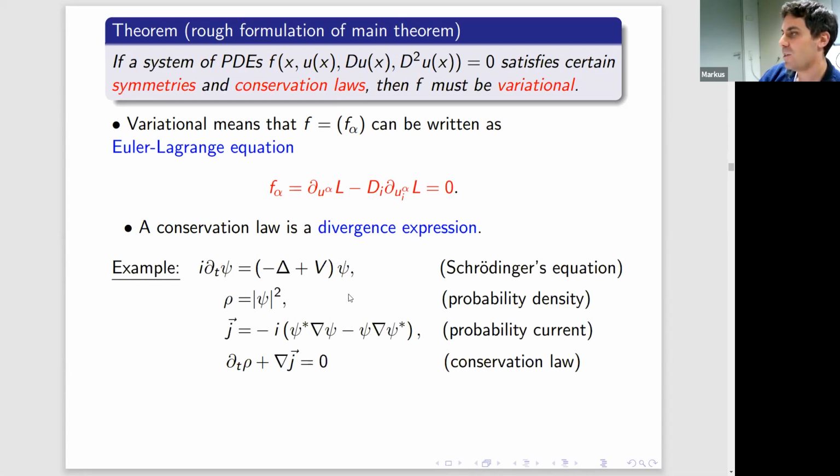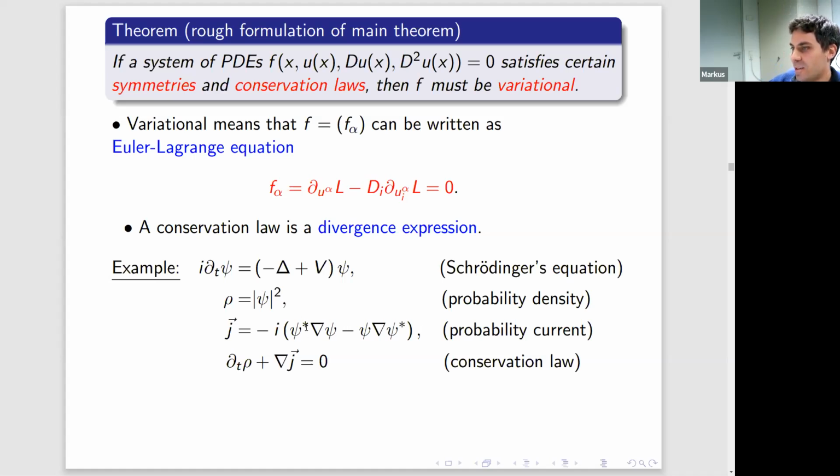And I have an example here, so I don't know if I should go through this. Maybe I will do it quickly. I hope that everyone knows Schrödinger's equation written here. Psi is the wave function, so the solution. You can take the absolute value of psi squared, and you get this rho, this probability density.